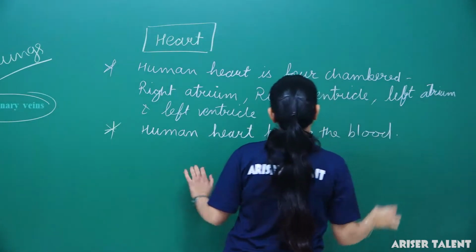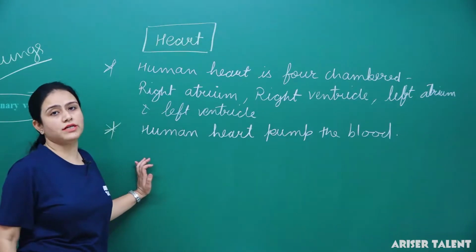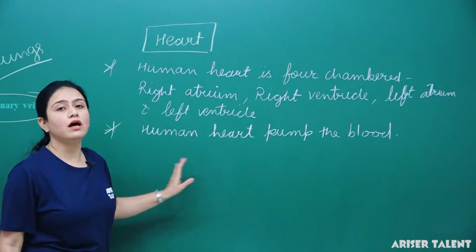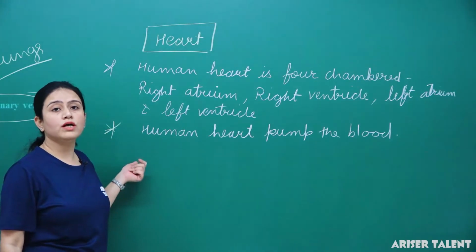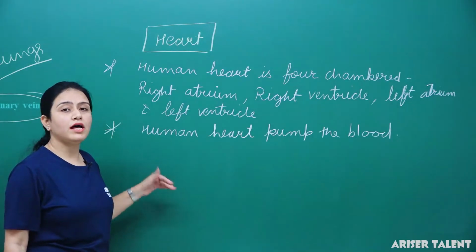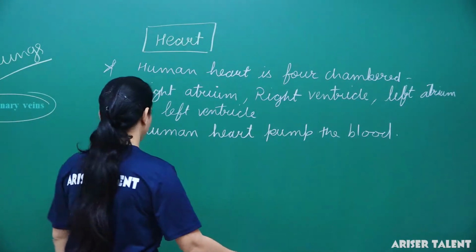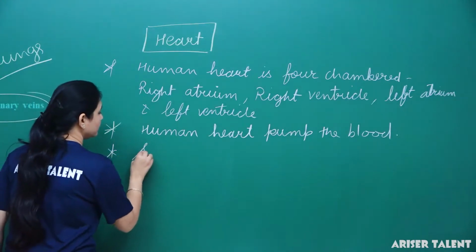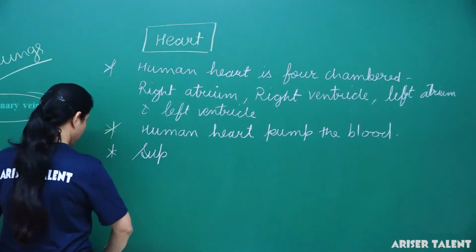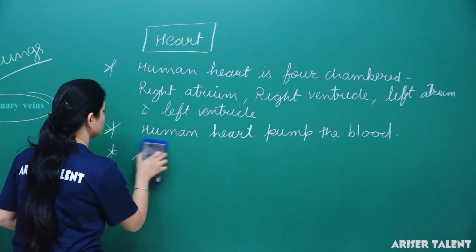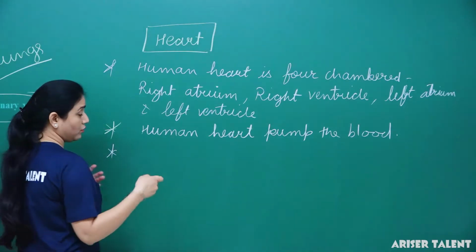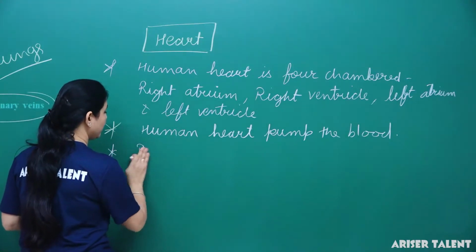Here we know that deoxygenated blood reaches the right atrium through the superior vena cava and inferior vena cava.